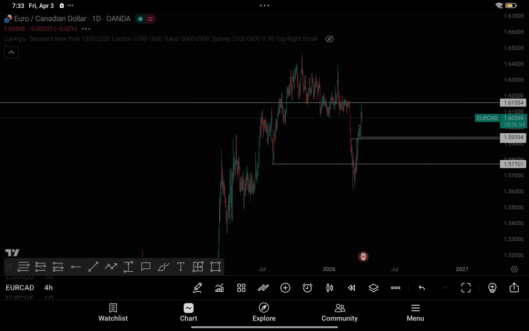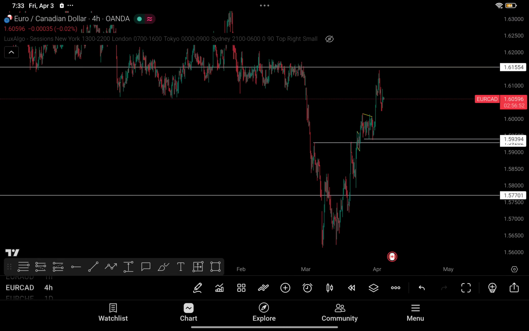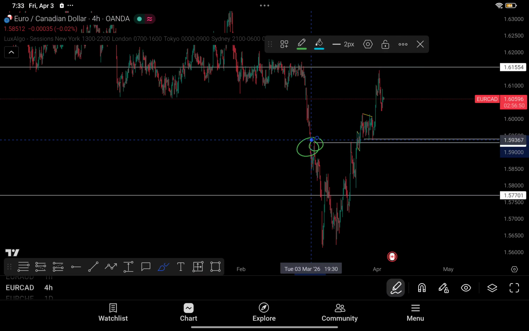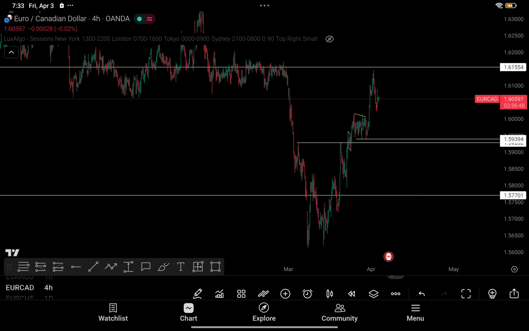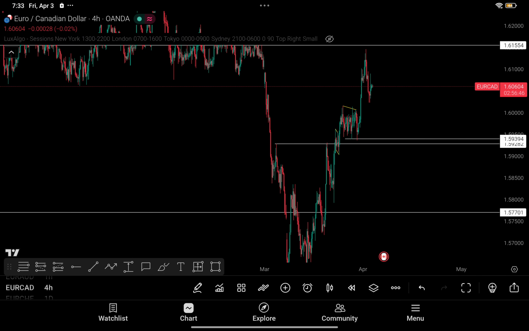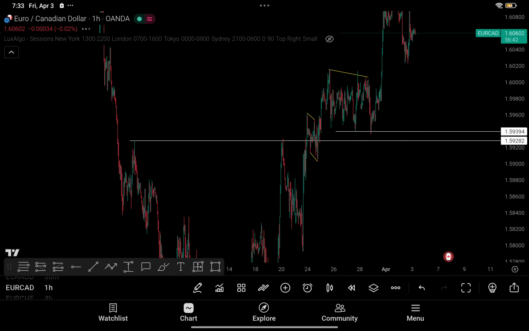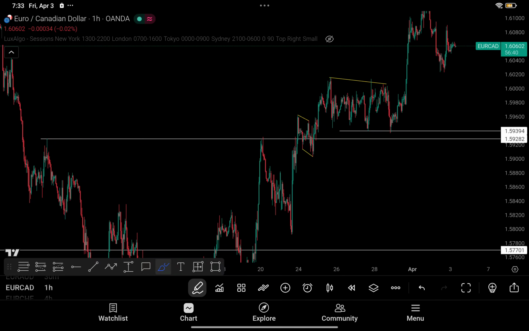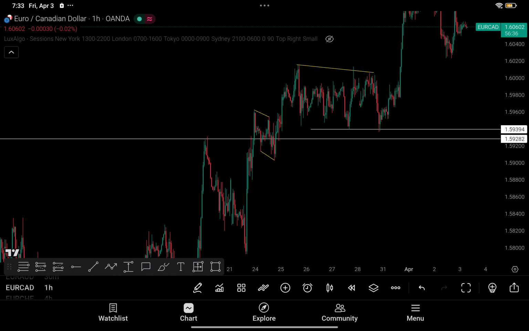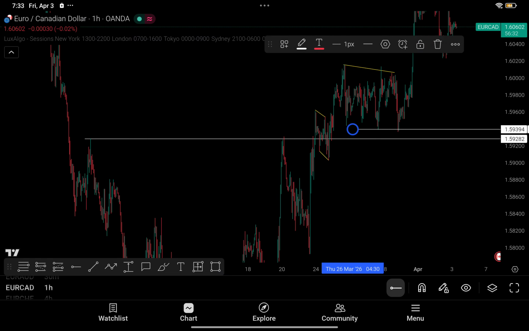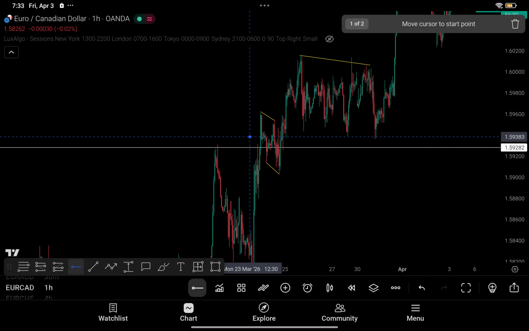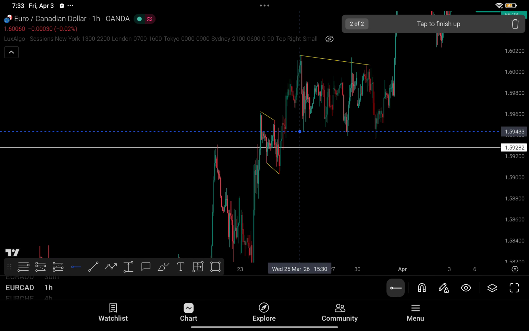And in the 4 hour time frame, we didn't react from this value point, so the sells become invalidated and the buys become activated. This is a bit riskier one, so I didn't take it, and I was not very comfortable taking those kind of risky ones. So the first entry I took was here.